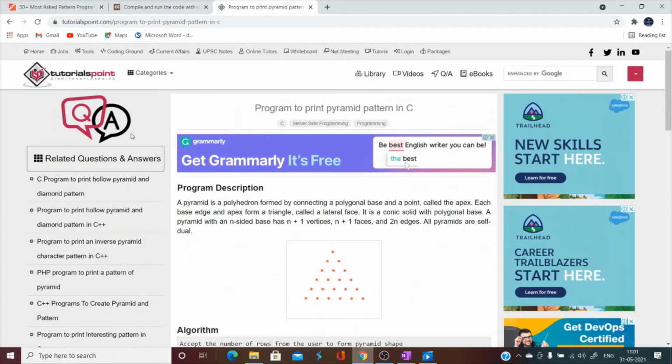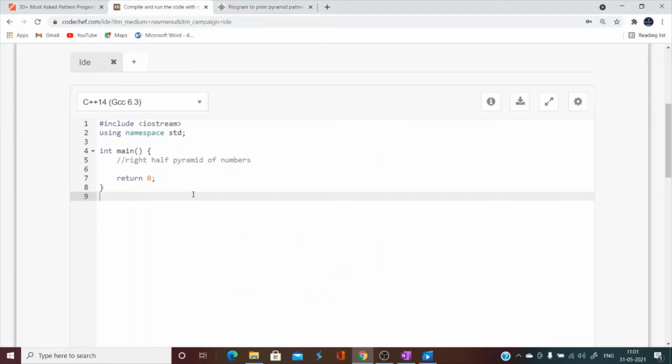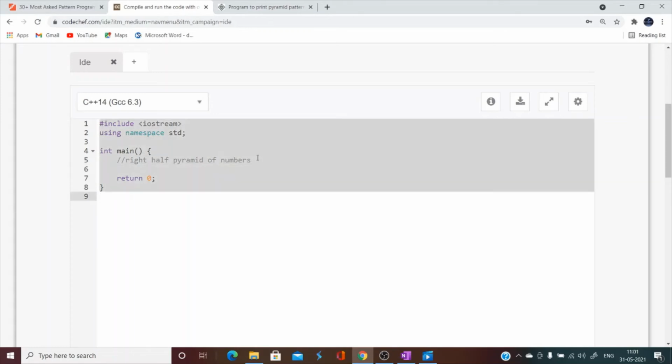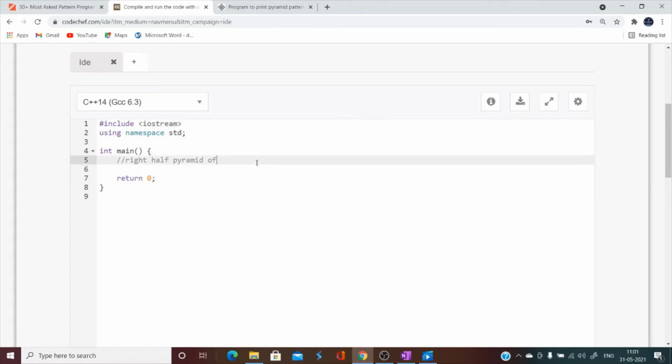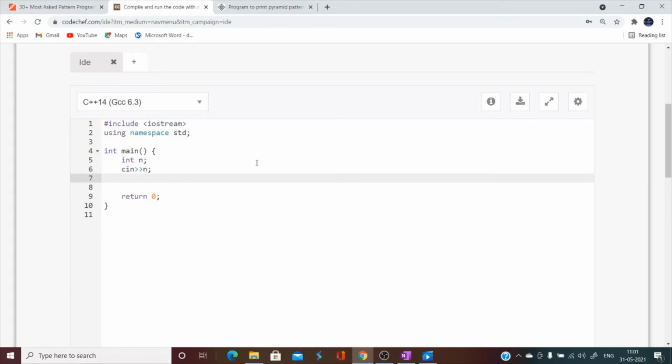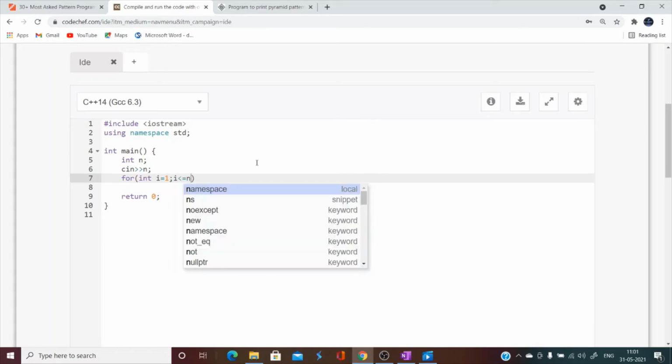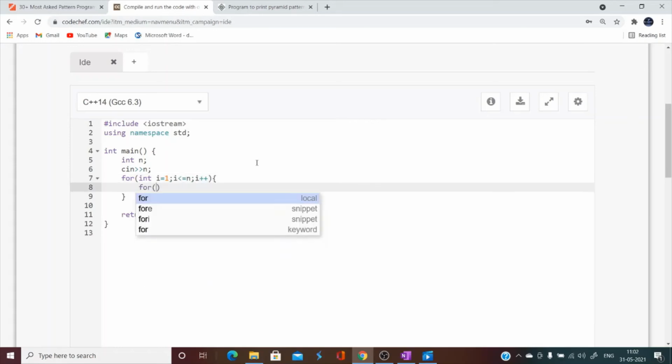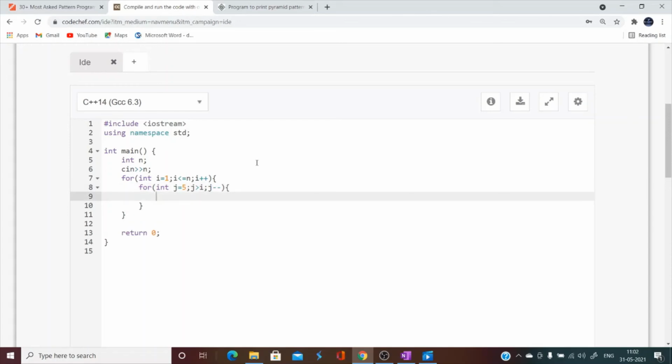I'm going to execute this code. Int n, then for int I equal to 1, I less than or equal to n, I plus plus, and then for int j equal to 5, the space logic: j greater than I, j minus minus, cout space.